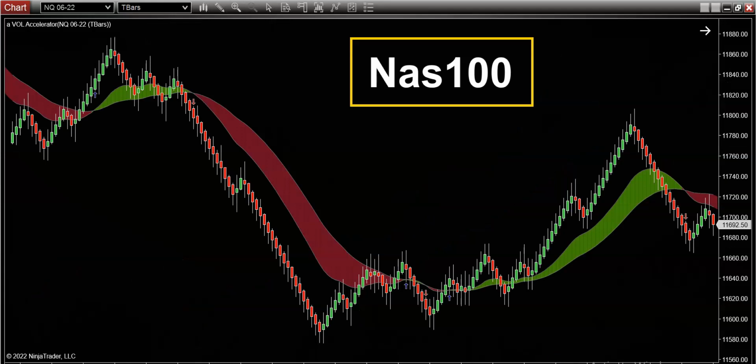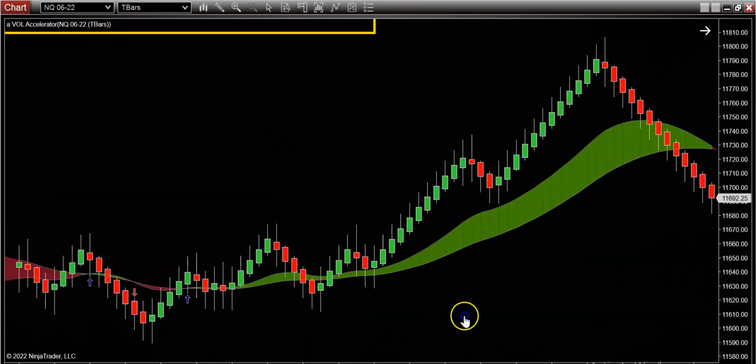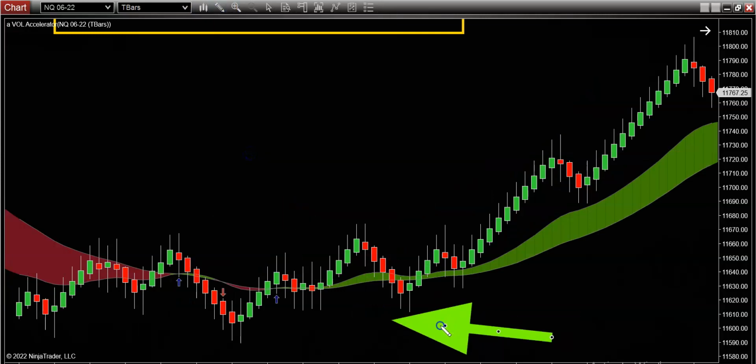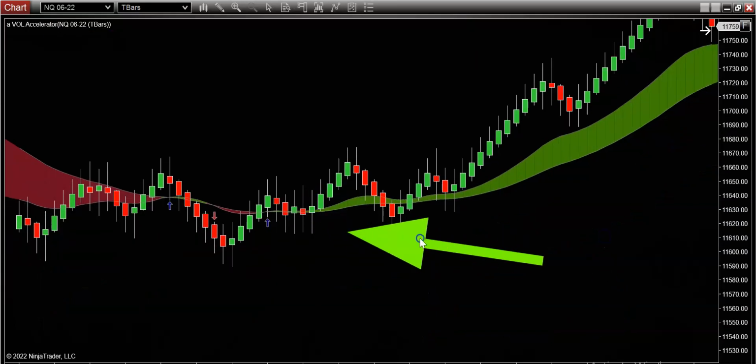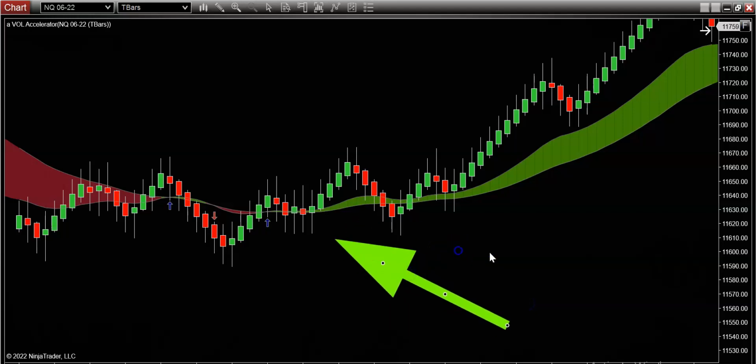Same setup on the NAS, folks. Let me zoom in on the NAS here for you. You can quite clearly see, let me draw the signal, the vol turns green. Let me position this here for you guys. Vol turns green. And why don't you see if you can spot the retracement? Look at this nice retracement right over here.